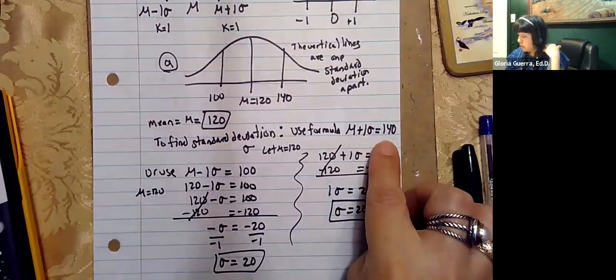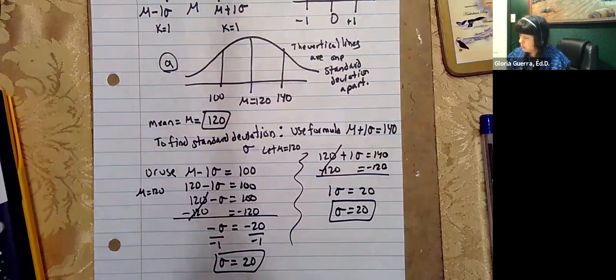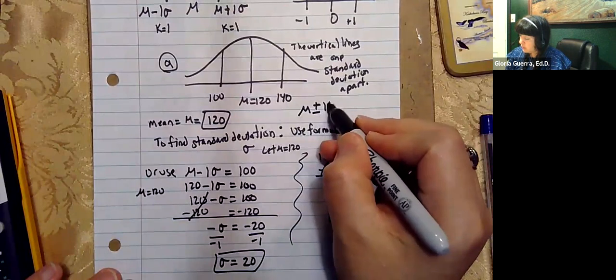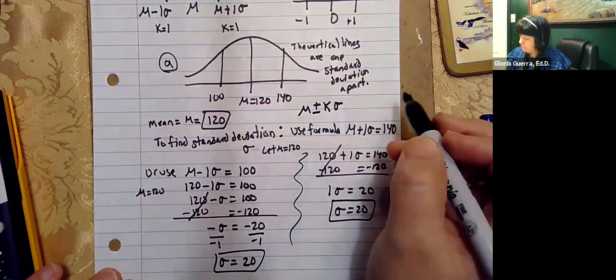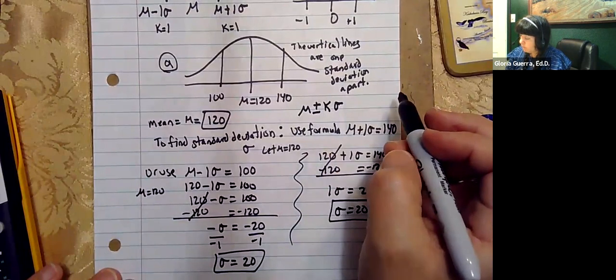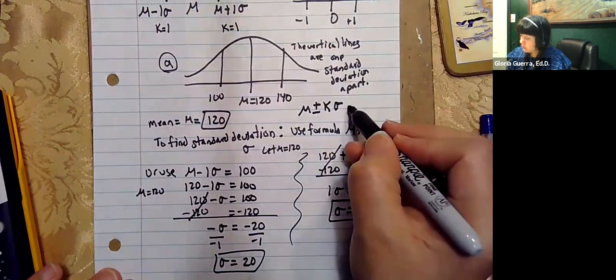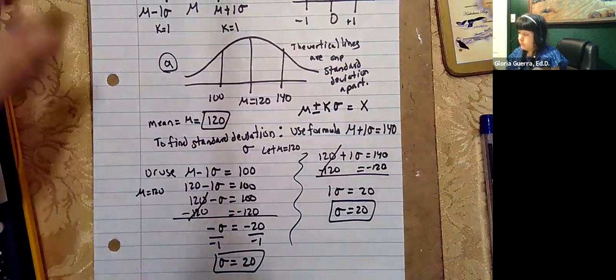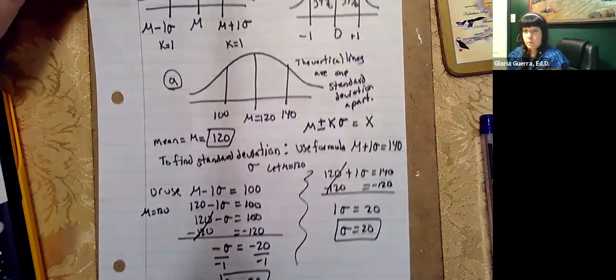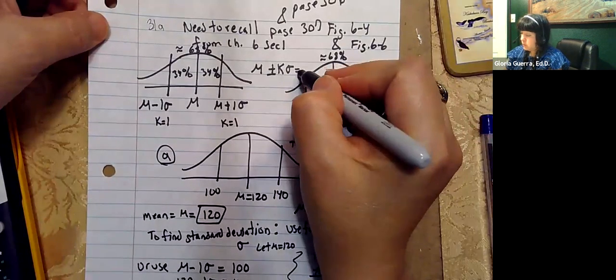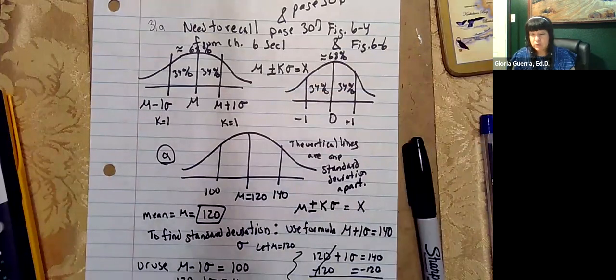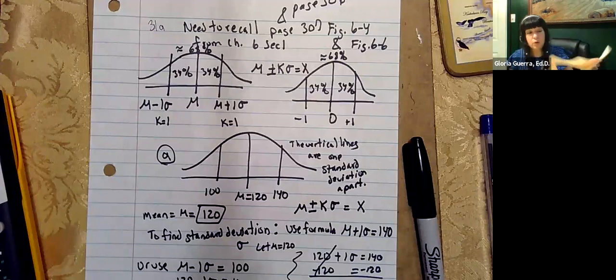The idea is you're using mu plus or minus k times sigma, and that equals your x, your data value. Okay, so that should help you with your homework when you work on those.